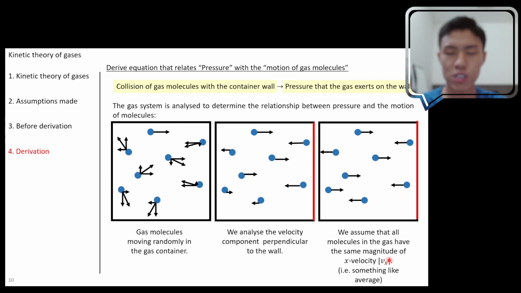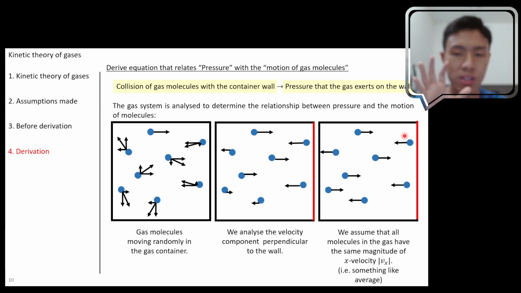It's something like an average, but it's not exactly an average. Later we'll explain clearly what this value is, but it functions sort of like an average, a value that represents all the different components of velocities we have here. We replace them with one same magnitude. This is to simplify our discussion. Later we'll remove this assumption as well.